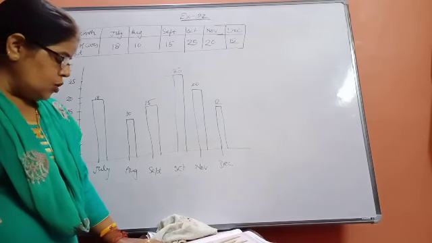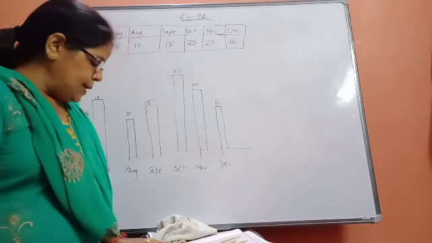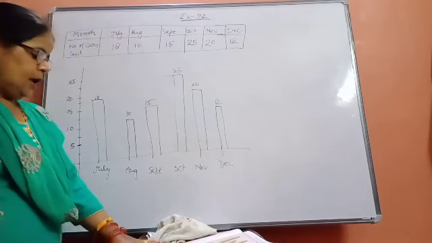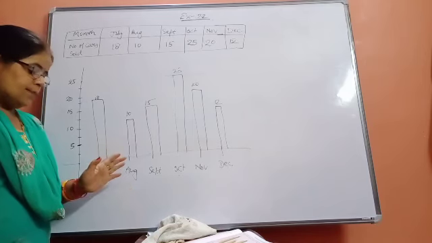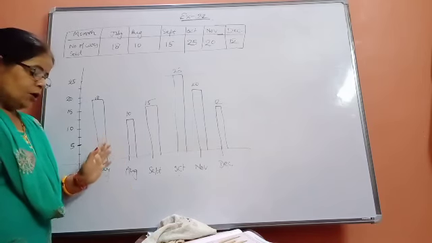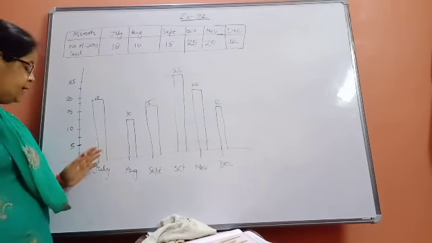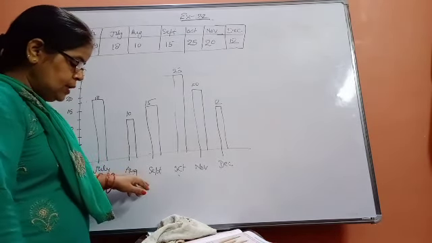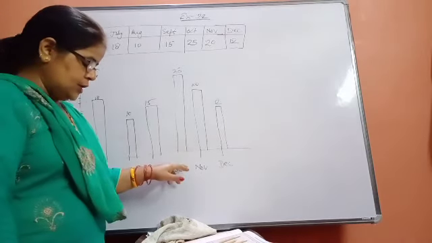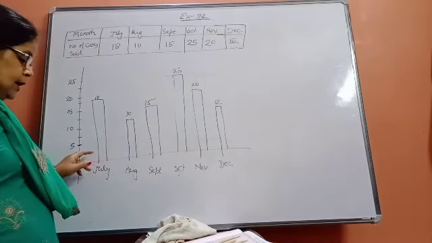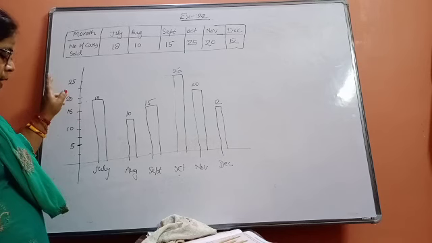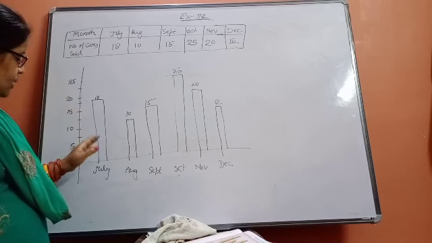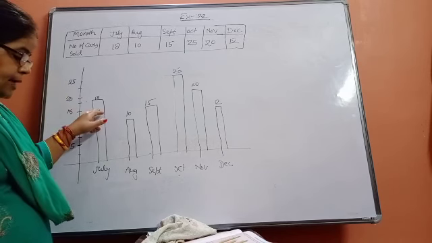The second question is: draw an appropriate graph to represent the following information. Hobbies are given to you, swimming or skating. No problem, beta. Same way, in place of month you will write the hobbies, club A, club B or club C, and you will have data in the same way, and then you represent one graph like that.